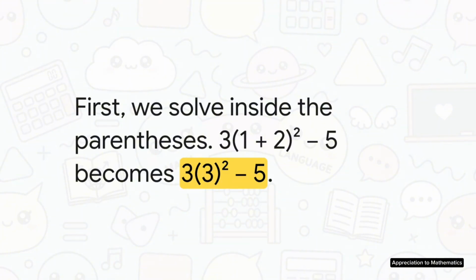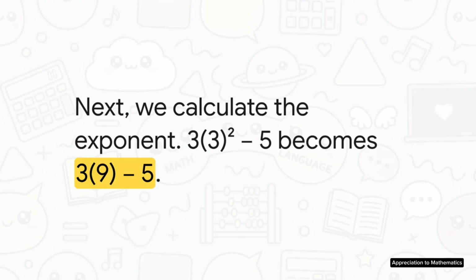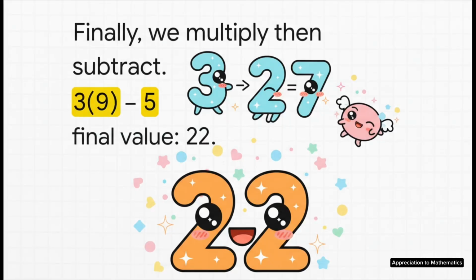Look at that, the phrase is already getting simpler. Next up is E for exponents. So 3 squared becomes 9, and our phrase simplifies just a little bit more. And now for the final steps. We multiply 3 by 9 to get 27, and then we subtract 5, which leaves us with 22. See that? By following the grammar, we read the phrase correctly, and we found its single, unmistakable meaning.